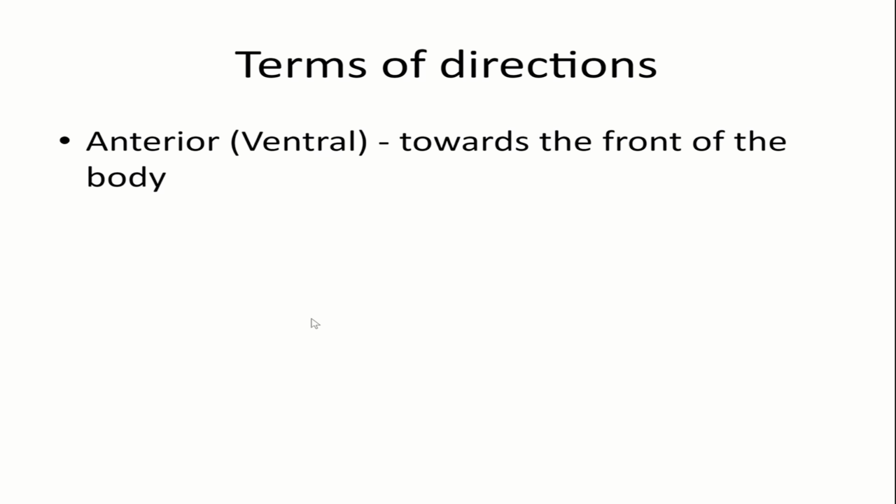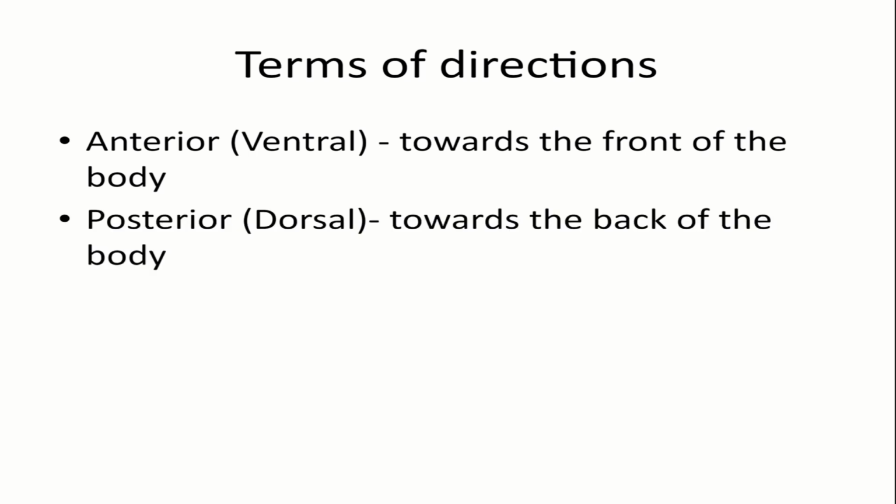Most of these terms are going to come in pairs that contrast one another. So our first anatomical term, anterior, also called the ventral side, and this is towards the front side of the body.